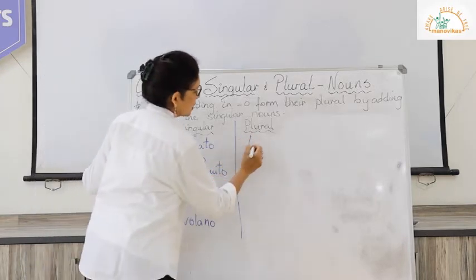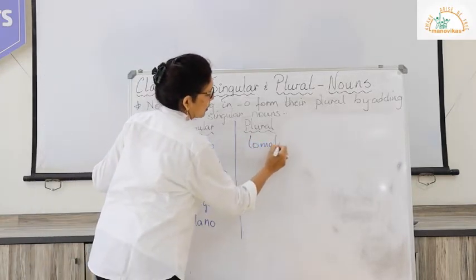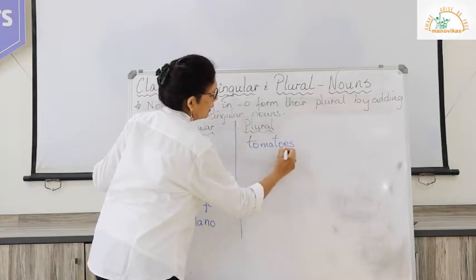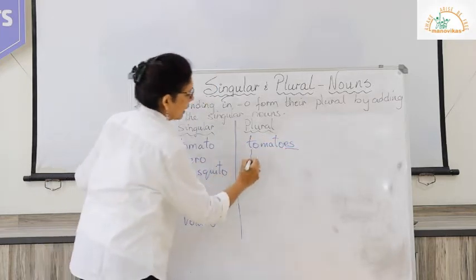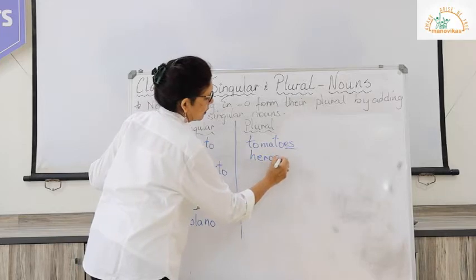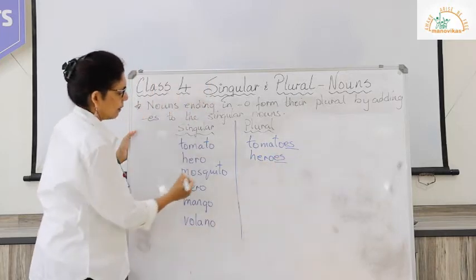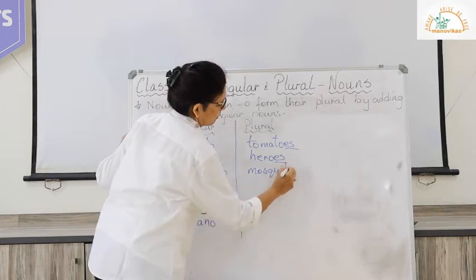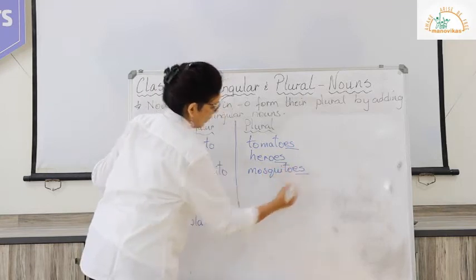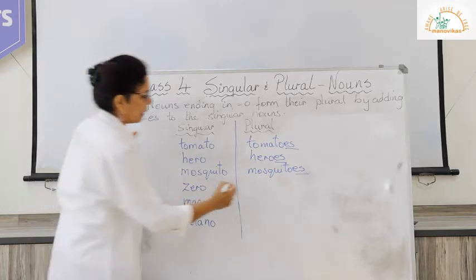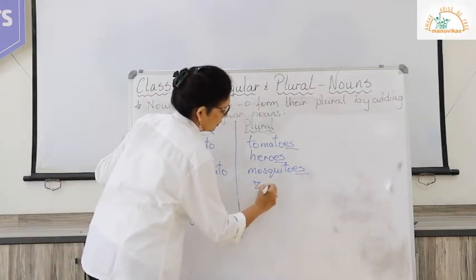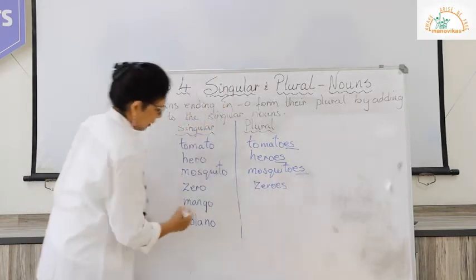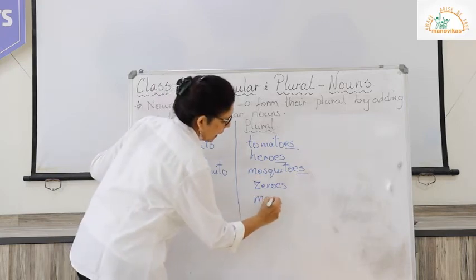Tomato becomes tomatoes. We have added ES. Hero becomes heroes. Again ES. Mosquito becomes mosquitoes. Zero becomes zeros. Mango becomes mangoes.